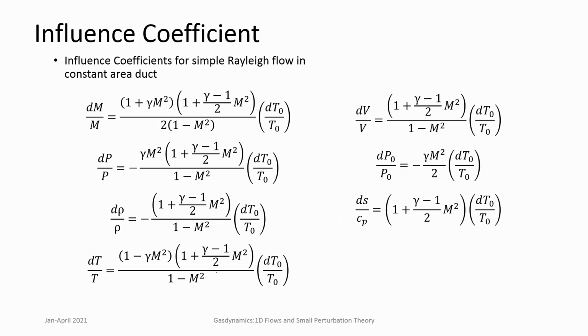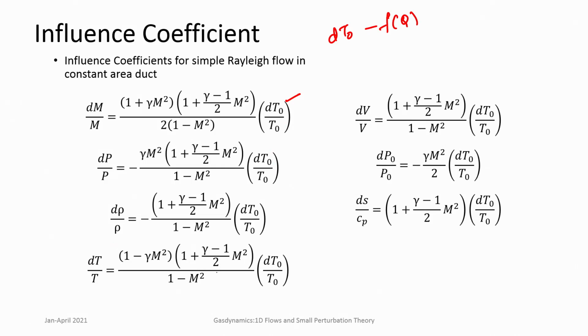And so, now again we can look at influence coefficients. Here the driver is change in stagnation temperature dT naught, which is a function of the amount of heat added. Okay. So, dT naught by T naught is the driver here. Based on this, we can look at what happens to dm by m, dp by p, d rho by rho, and the procedure for getting these influence coefficients is the same.